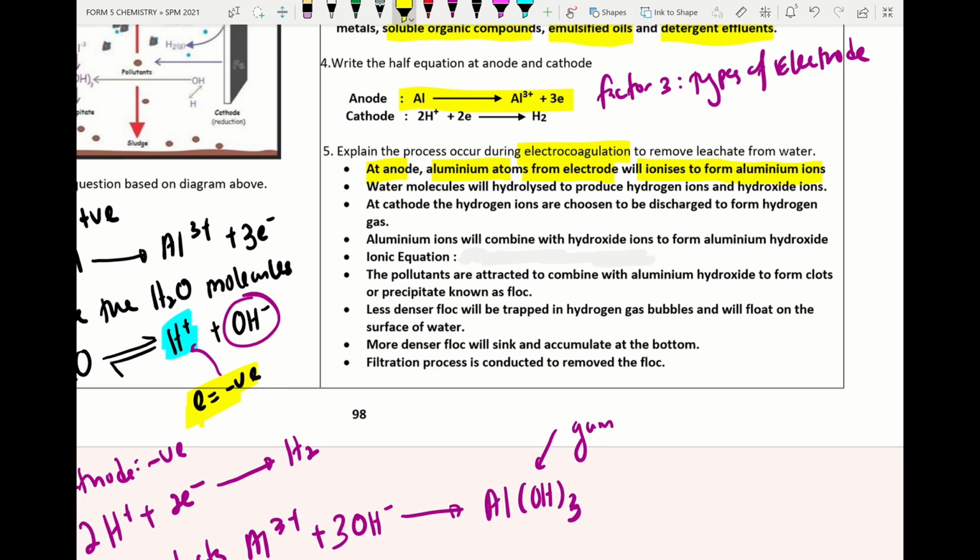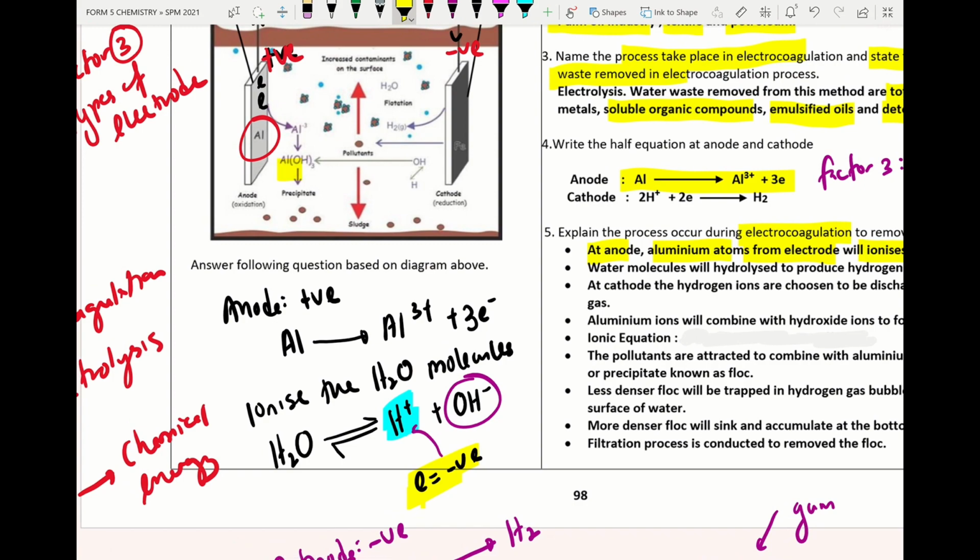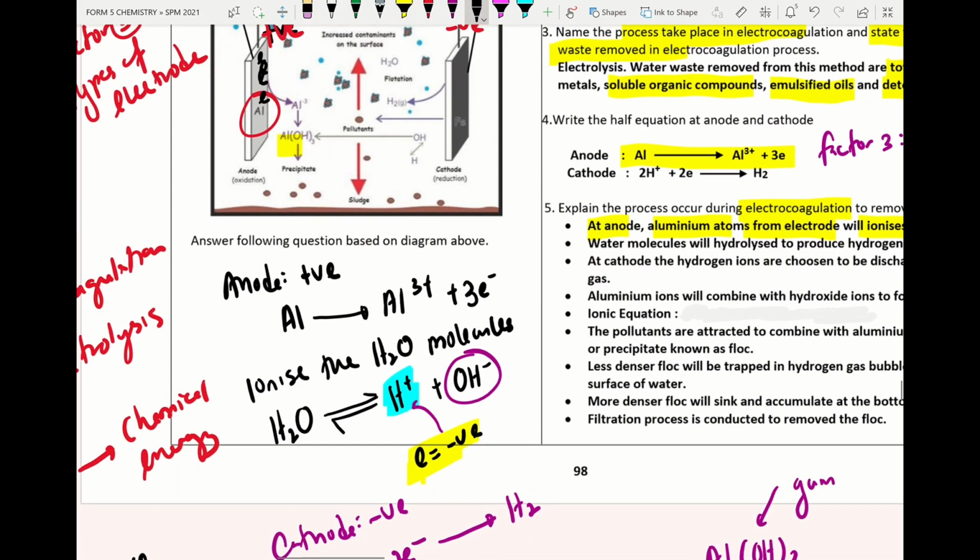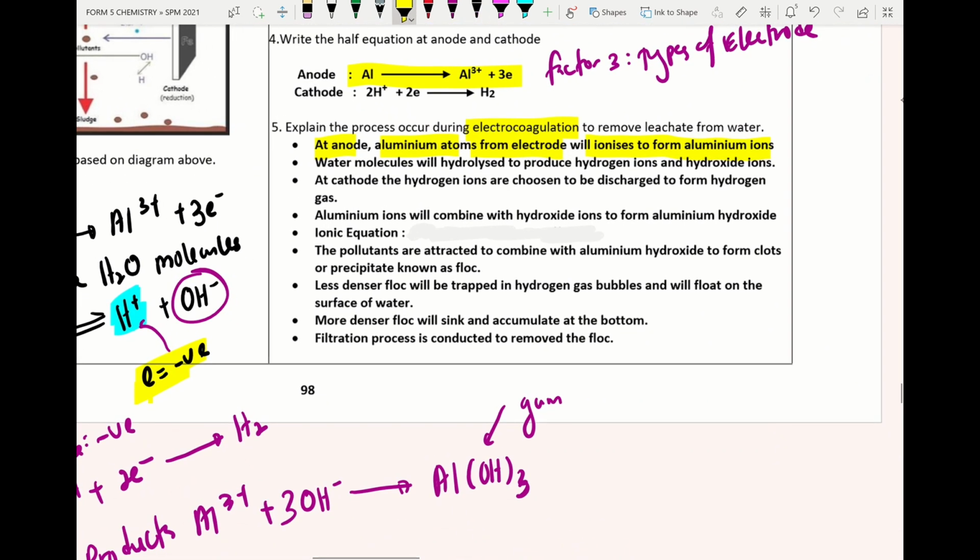Next, the aluminium ion will diffuse into the water, and the flow of electrons will move from the anode to the cathode. This electron will cause the water molecule to hydrolyze to produce hydrogen ion and hydroxide ion. At the cathode, the hydrogen ions are chosen to be discharged to form hydrogen gas. Aluminium ion will combine with hydroxide ion to form aluminium hydroxide.